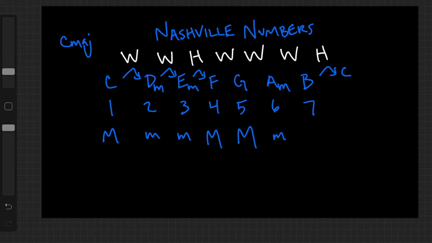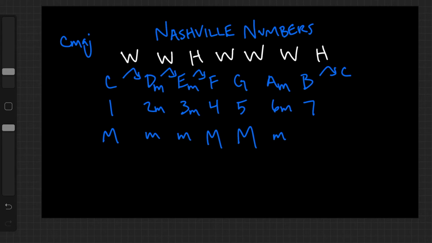And so it's not uncommon to see our 2, 3, and 6, when we're looking at a number chart, have these lowercase m's next to them, denoting that it's a minor chord. But it's also important to remember this major-minor pattern just in case that's not actually written on a number chart.